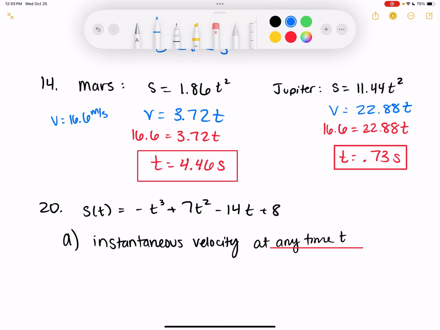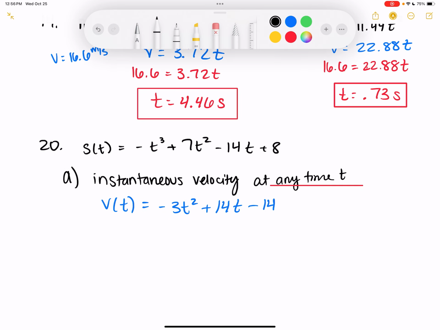So the derivative of position would be negative 3t squared plus 14t minus 4. And so that's all they need. That is at any time t. Now if they give us a specific time, all we would have to do is plug it in, which, well, we'll kind of use that in a minute.